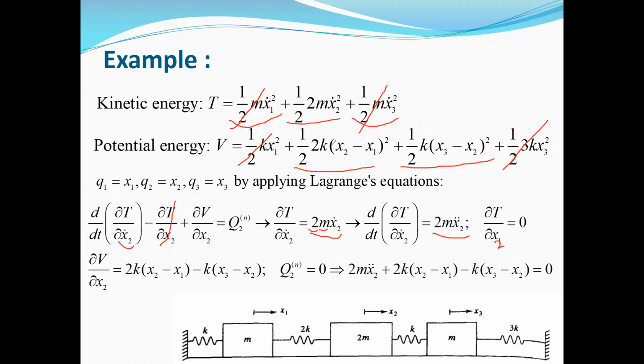Half times 2k is a constant value, and it will appear in the derivative, so we substitute k because this half will be cancelled out with this 2.